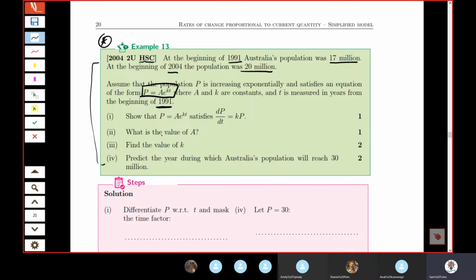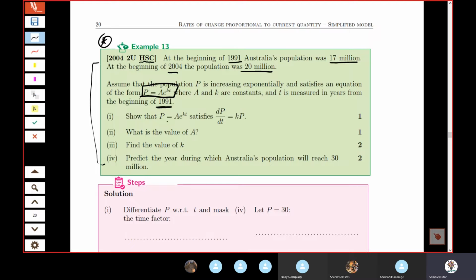All right. Easy. Anyone not understand what the question's saying? And can you see how that's the same expression we're used to? It's saying at the beginning of 1991, Australia's population was 17 million, and then in 2004, the population was 20 million. And right now, I show that P equals A e to the KT satisfies dP on dt equals kP.